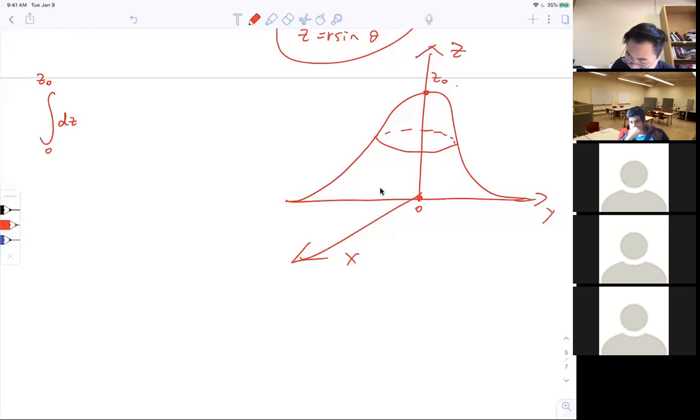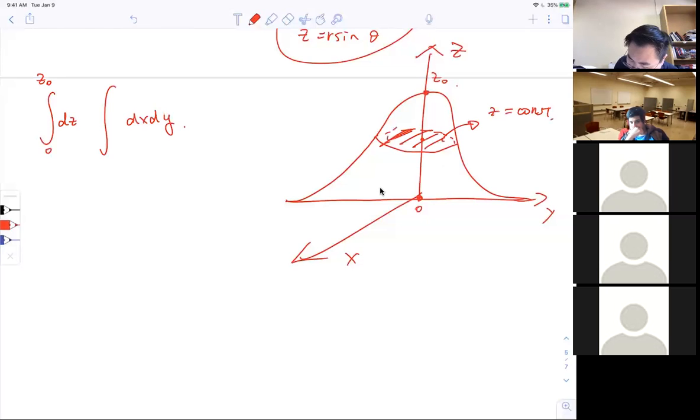Then, whenever you fix z, you can look at a fixed z, and this will give you a two-dimensional integral over dx dy.